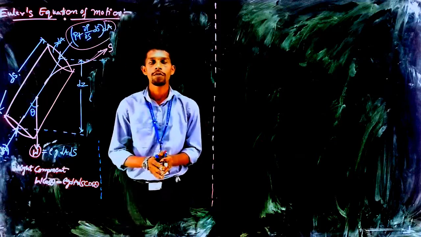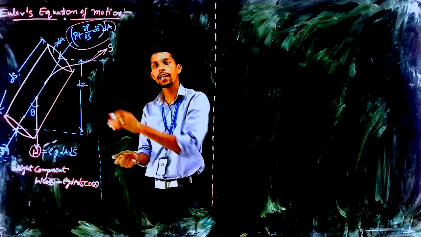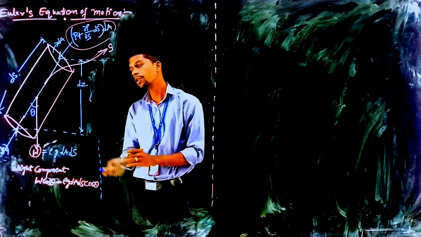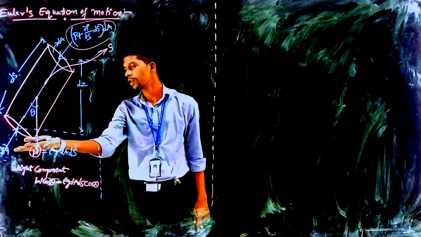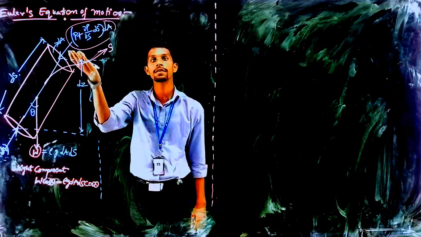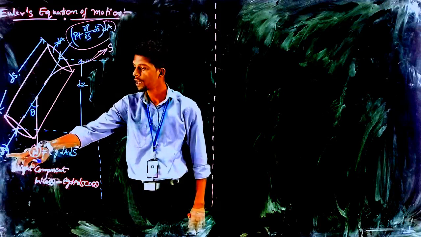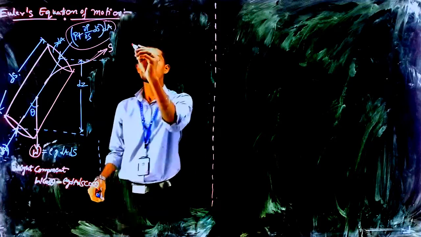So now we have to calculate the resultant force which is acting on this fluid element, right? Here one pressure force is acting on this face and another one opposite to this face. And this component of weight we have also resolved along this line, right?